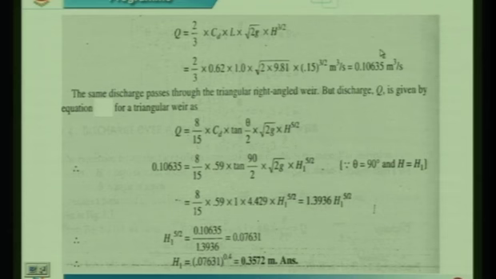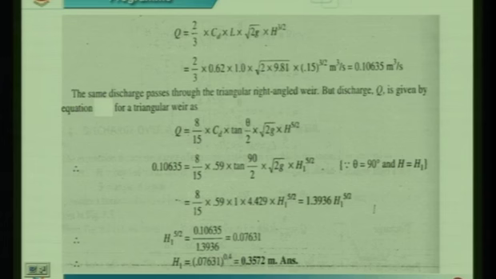Now, you know the discharge flowing over the rectangular notch. Just now I said, by continuity equation, Q is equal to Q1 is equal to Q2. Whatever the amount of discharge that is flowing over the rectangular notch, the same amount of discharge is flowing over the V notch. Again I repeat, Q is equal to Q1 is equal to Q2.